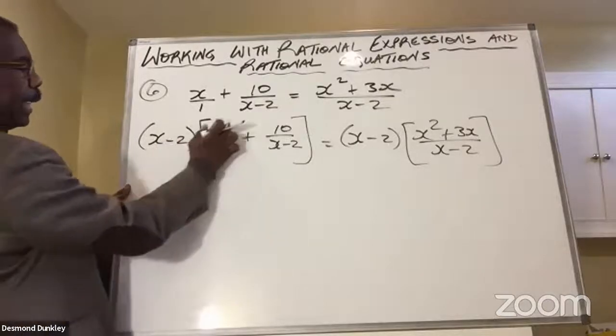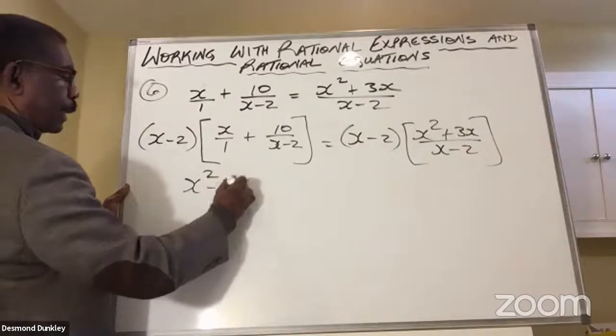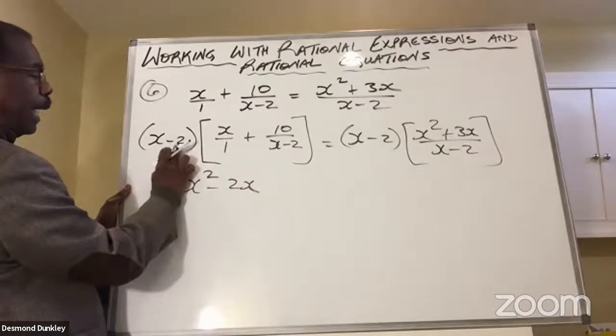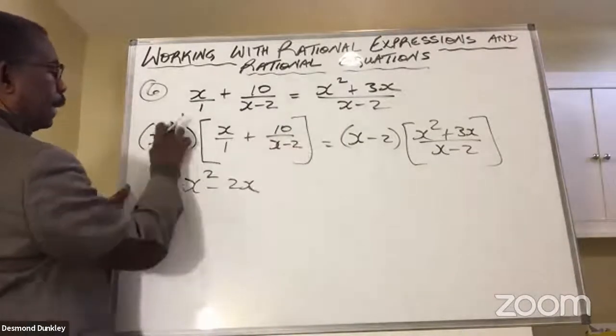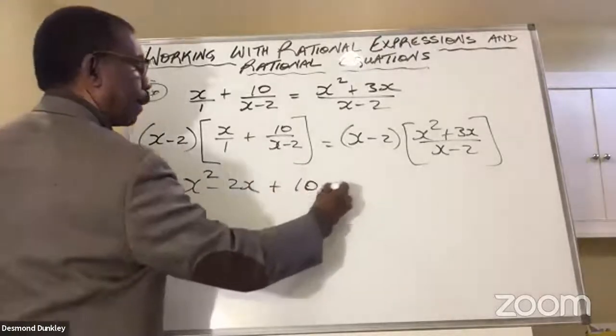When I multiply this times this, I end up with x squared minus 2x. When I multiply x minus 2 times this, they cancel, and I'm left with just plus 10.